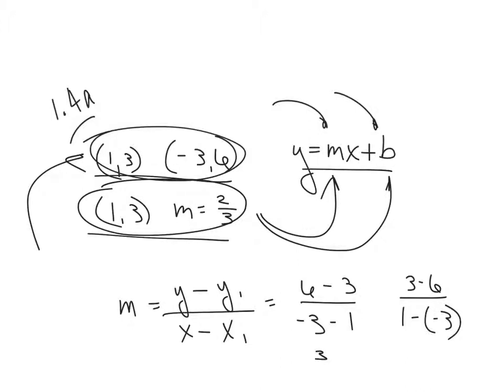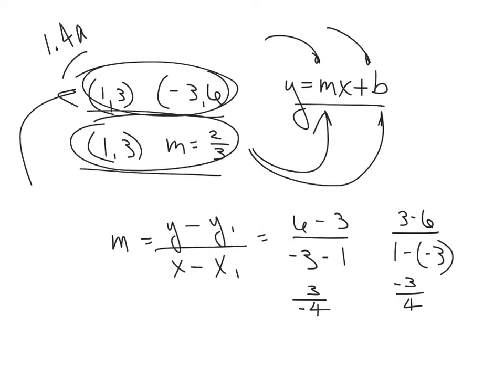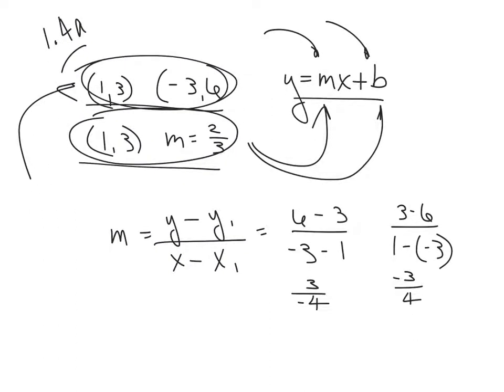And so we get 3 over negative 4, or negative 3 over positive 4, which are the exact same thing. It doesn't matter if the negative is on the top number, the numerator, or on the bottom number, the denominator. One negative on a fraction makes the fraction negative, and it doesn't matter where it is.